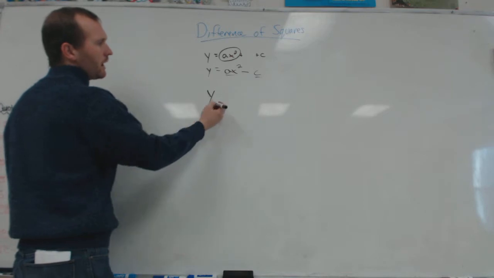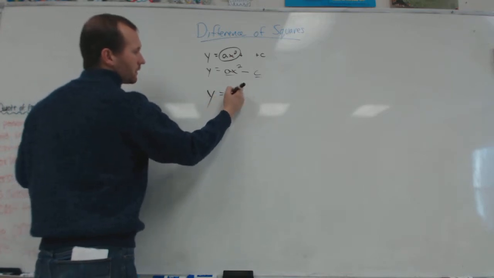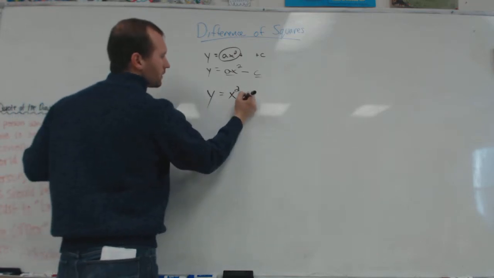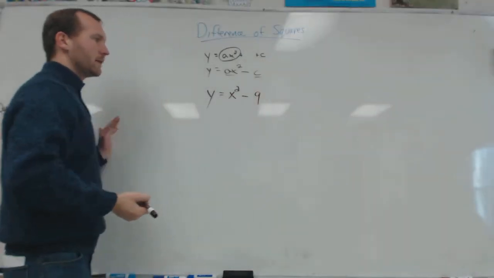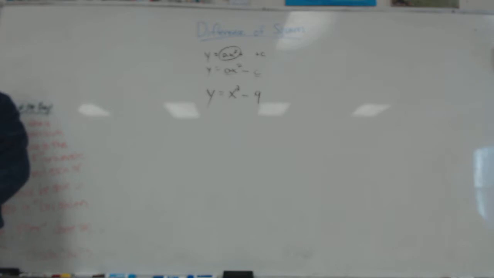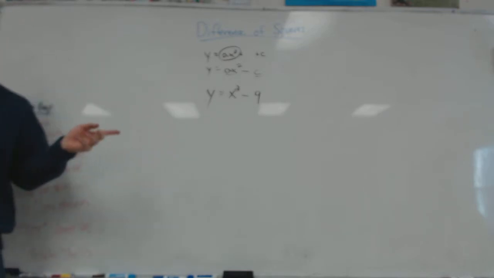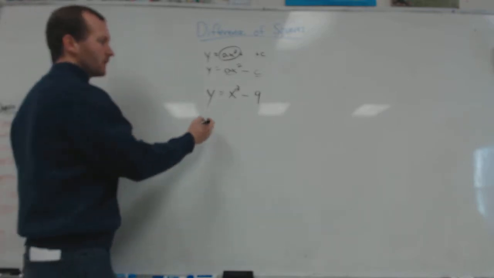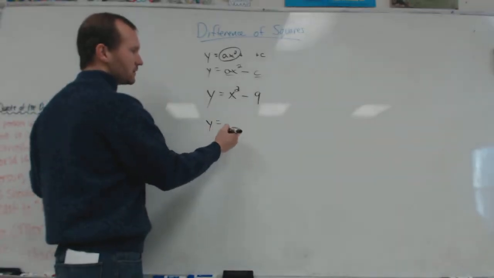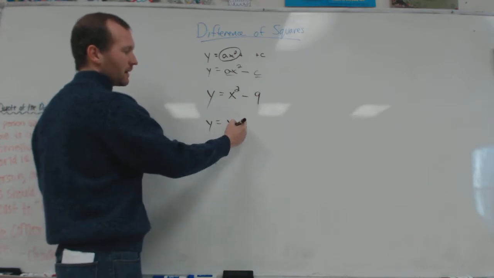If I had something like y equals, let's just keep a as 1 for now, x squared minus 9. How would I factor that? Find the square root of 9. Okay, so right now I want to just kind of walk you through the steps in a way that you should kind of know how to do them, but it might not seem obvious.